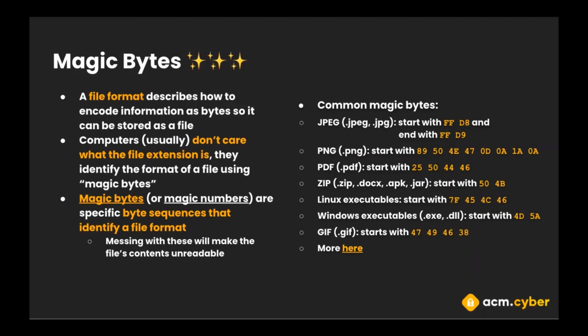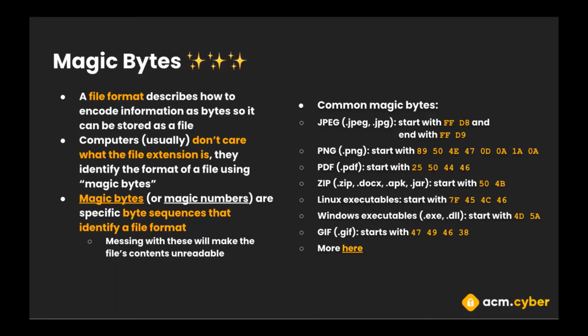All right, next slide. So the first way that files can hide information is through something called magic bytes. As Matt was talking about, a file format describes how the computer encodes information as bytes so it can be stored in the file, but actually the computer doesn't care what the file extension is, if it's a .txt, a .jpeg, PNG, whatever. They actually identify what type of file it is through something called magic bytes. Magic bytes, or sometimes magic numbers, are specific byte sequences that are used by the computer to identify a specific file format.